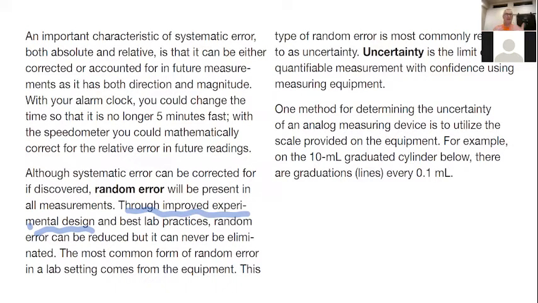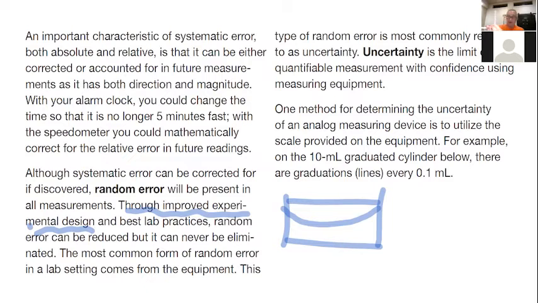But you can never eliminate it completely, because there's always going to be judgment, especially when we're using measurements like this. We're always going to have some amount of random error, because no one is going to be perfect at figuring out where the meniscus is in the graduated cylinder every single time.